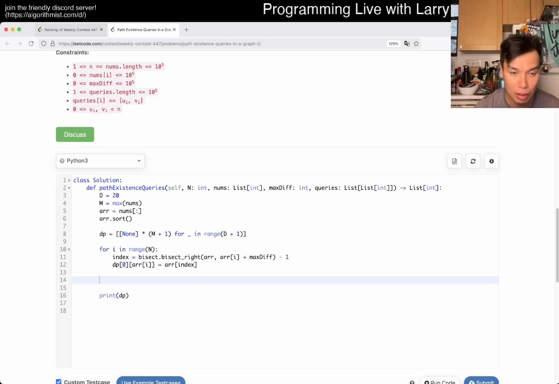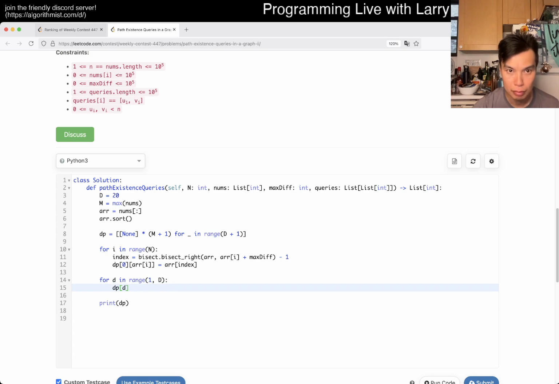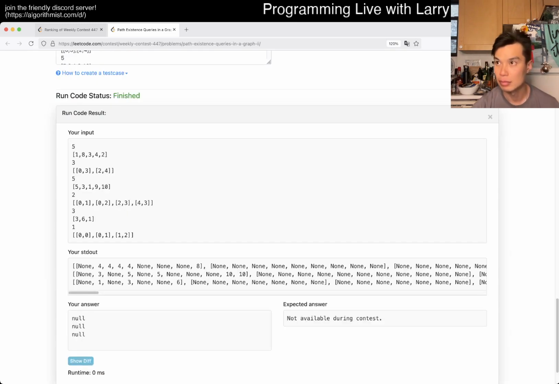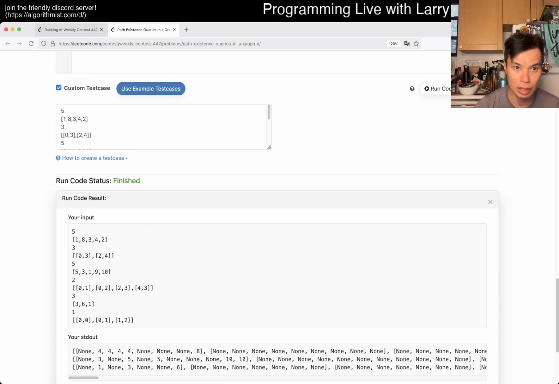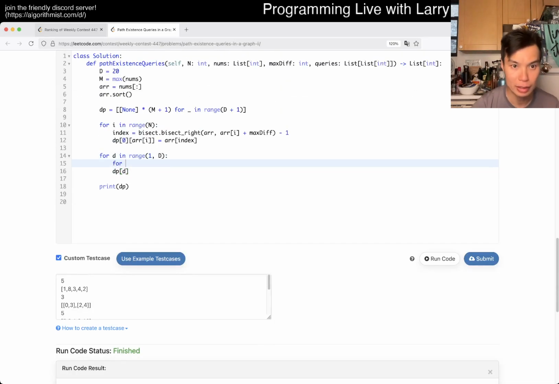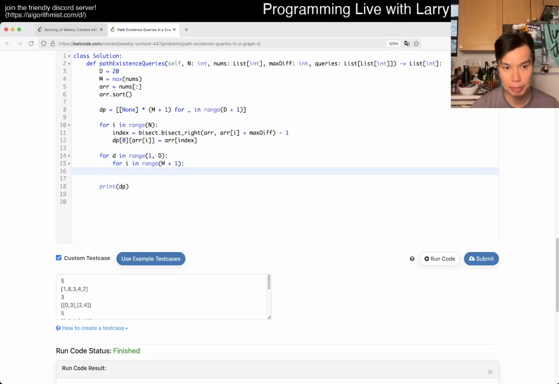Yeah, okay. So now for d in range of d, dp of d. Okay, right. So then now for i in range of m plus 1, you have dp of d minus 1 i.